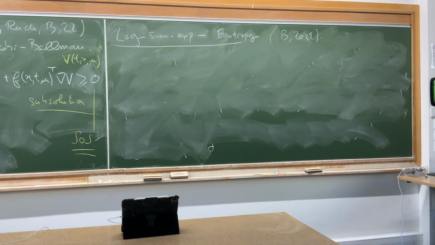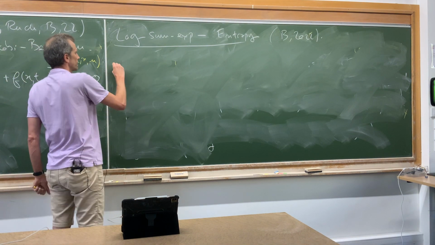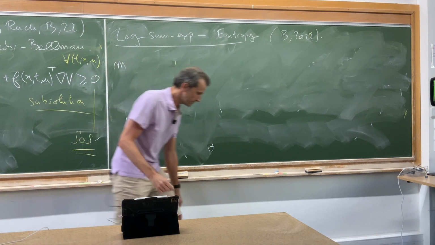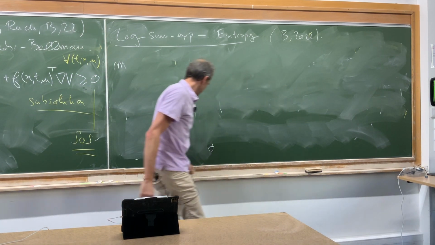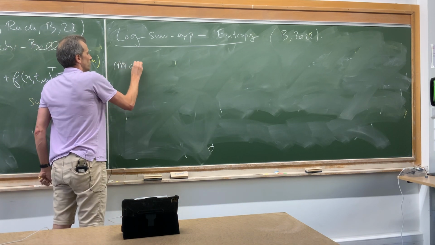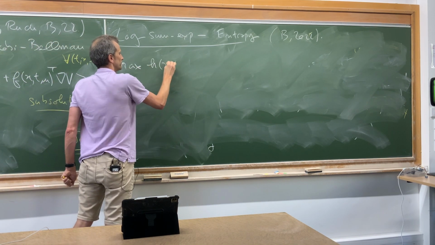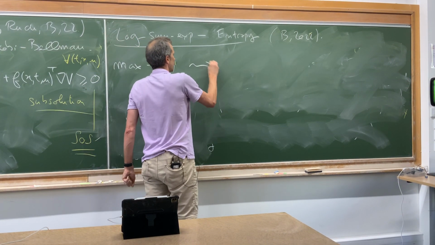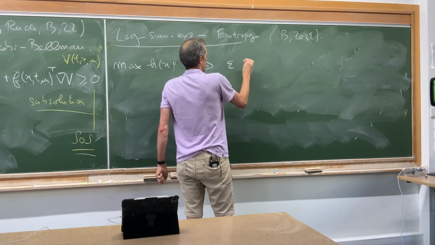So the idea is that first I go from min to max because it's easier, it's more adapted here. What we try to do for the last 4 hours is to maximize functions. Okay, we'll minimize it, but I think it's the same. And now what I want to look at is the log partition function.